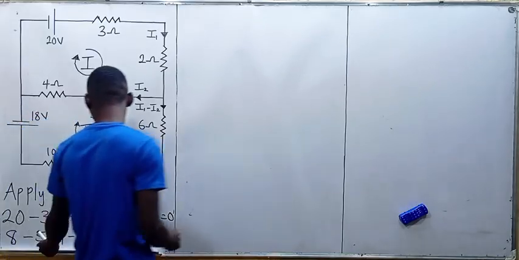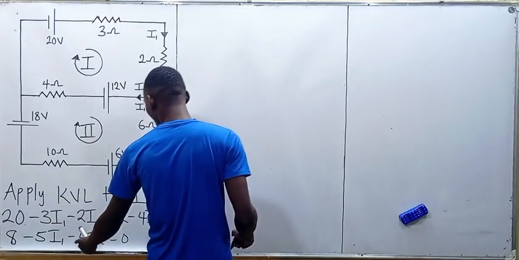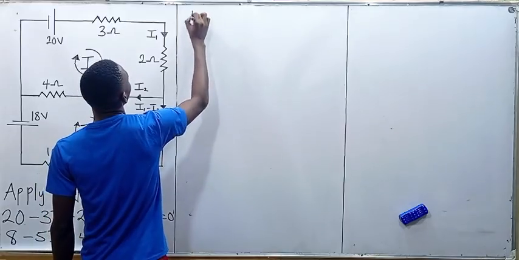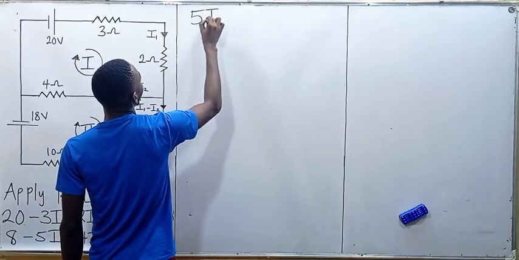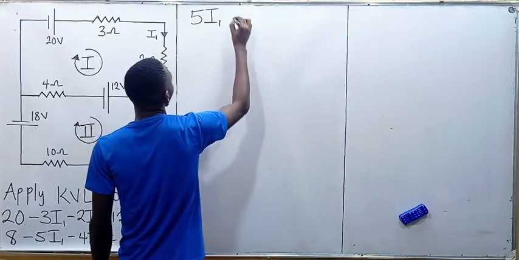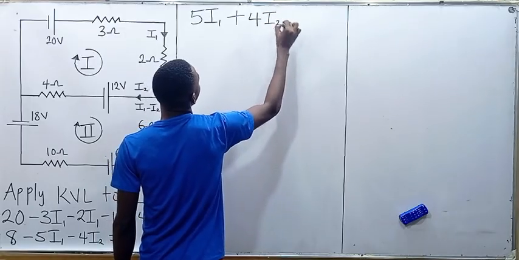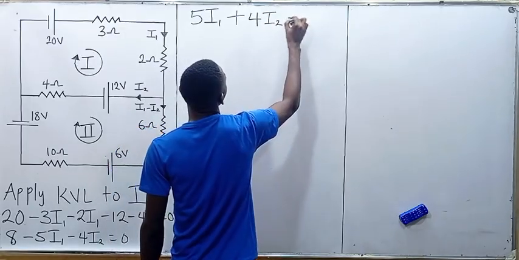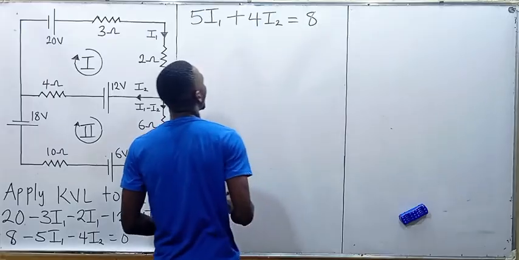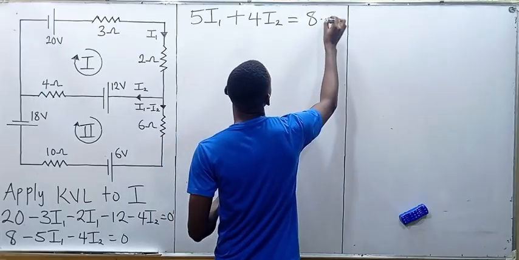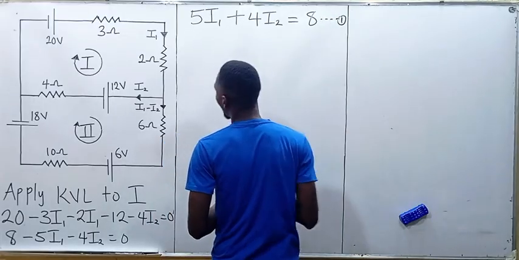If I move 5I1 and 4I2 to the other side, I'm going to have 5I1 plus 4I2 equals 8. This will be equation 1.